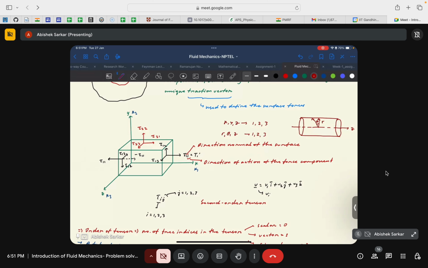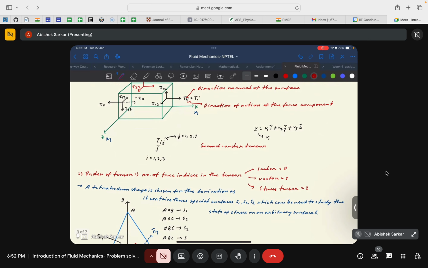The corresponding stress components will look something like tau r r, tau r theta, tau r z. Then you have to choose a fluid element that would suit the cylindrical coordinate system, and do a similar analysis to find the stress components.